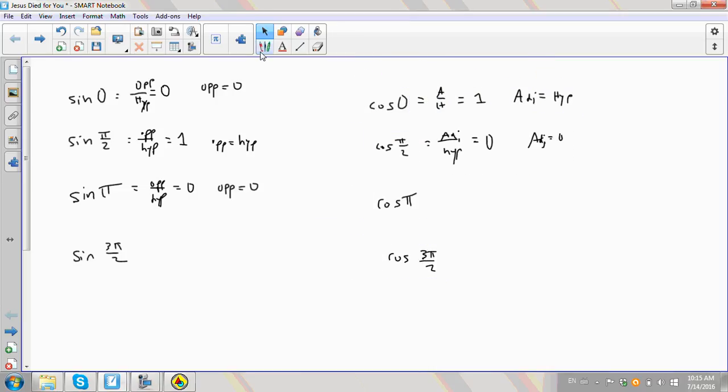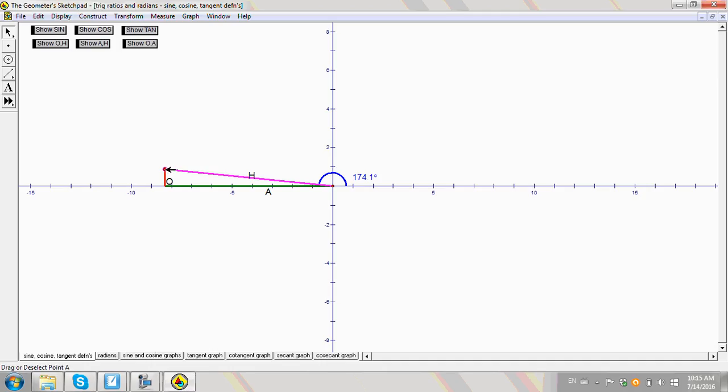Now, how about the cosine of pi? Well, it looks like A and H are equal, and they are equal in magnitude. However, the O and the A can have a positive or a negative sign. So in this case, to the left of the y-axis, the O is positive, but the A is negative. But H is always positive.